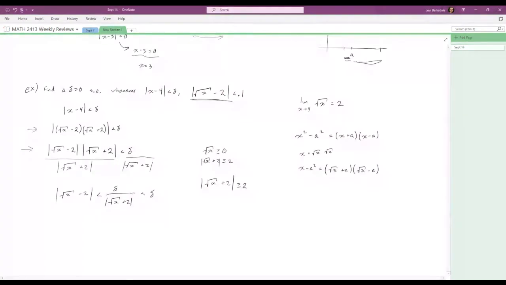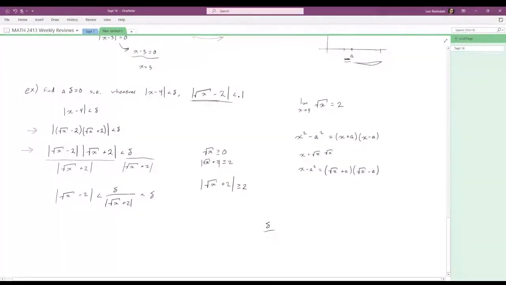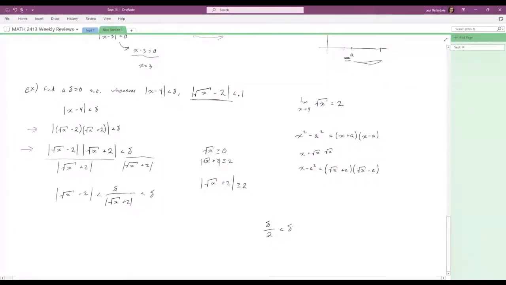Could I repeat that? Sure. So basically the idea behind what I'm doing here is I'm saying delta divided by 2 is always going to be less than delta, because I know that delta is bigger than 0. Well, in this case, instead of having a 2 right here, I have the absolute value of the square root of x plus 2.